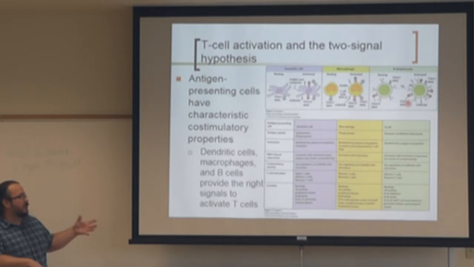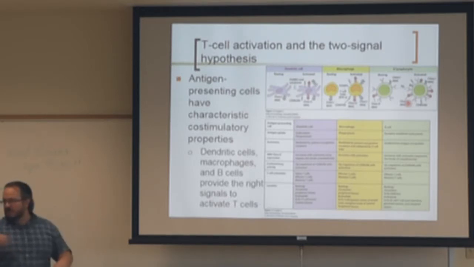That B cell will now internalize that antigen if it can and present it via class 2, and it will become an antigen-presenting cell. In these other cases, the cells are just presenting whatever antigen is in their area.